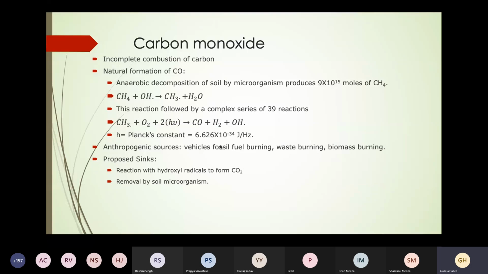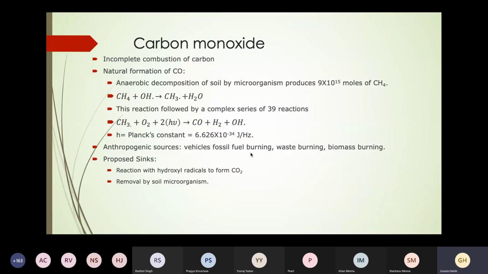We know that OH radical is one of the most important radicals, which is actually responsible for many reactions in the atmosphere and formation of various compounds.